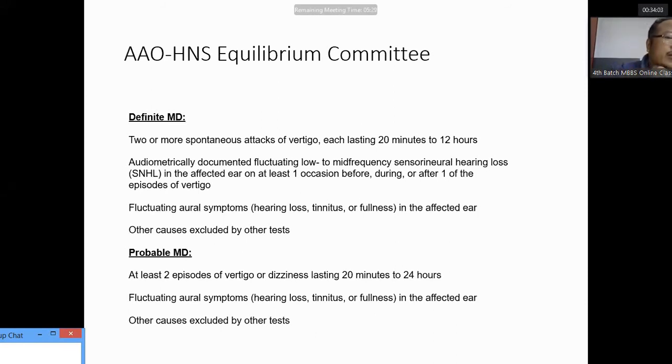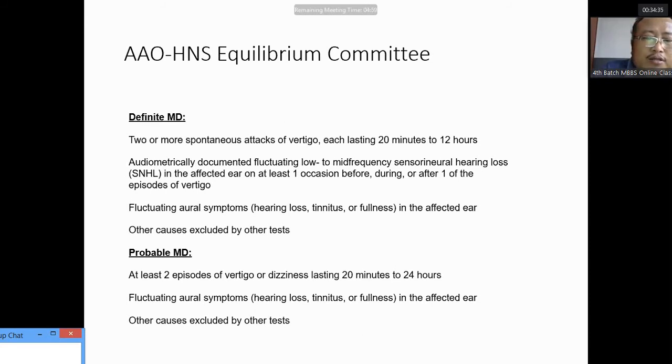In the definite diagnosis, to say that I'm sure this is Meniere disease, these points should be included. There should be two or more spontaneous attacks of vertigo, each lasting 20 minutes to 12 hours, not more than 12 hours, but at least 20 minutes.